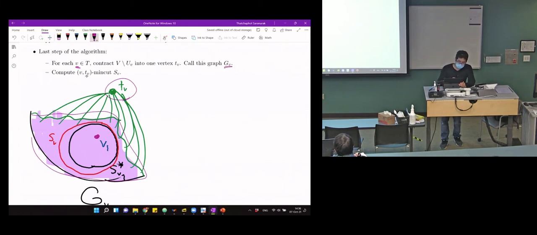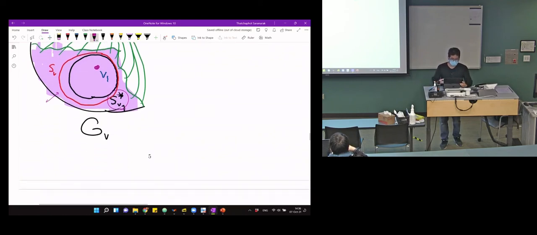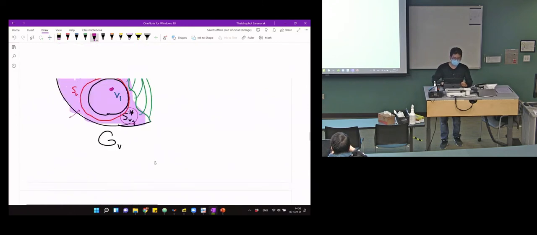Then you can compute the V, TV min cut, and you will get some cut SV. SV is going to look something like this. It might be S star V exactly, but at least it will contain S star V. So is the algorithm clear?